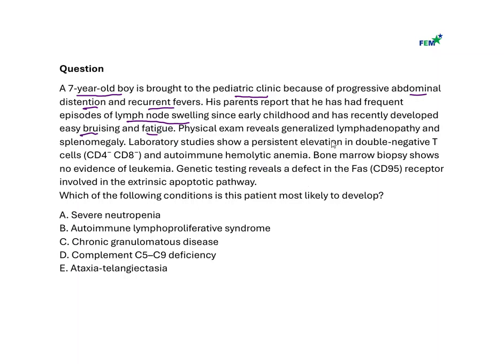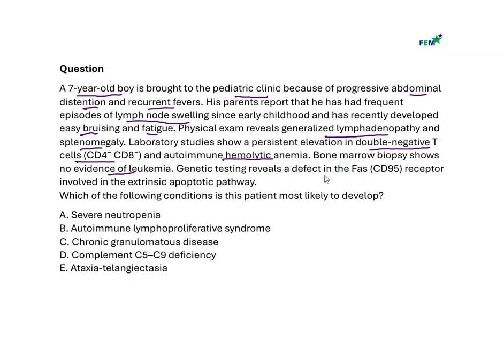The examination reveals generalized lymphadenopathy and splenomegaly. Laboratory study shows a persistent elevation in double negative T cells and autoimmune hemolytic anemia. Bone marrow biopsy shows no evidence of leukemia.